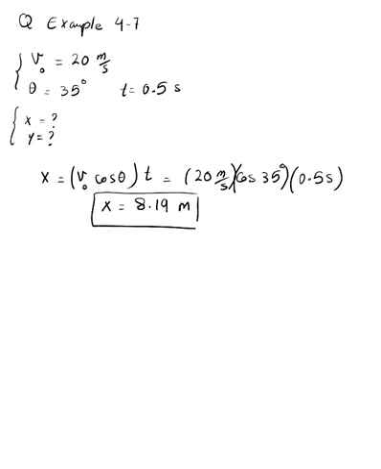To find y, the equation that I'm using is y equals v naught sine theta times t minus half g t squared. And I know that g is equal to 9.81 meters per second squared.